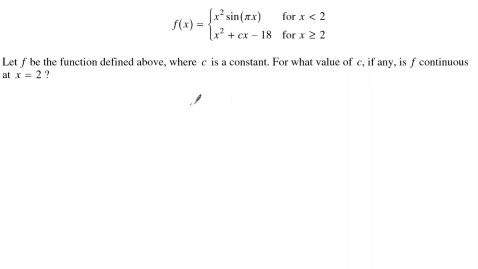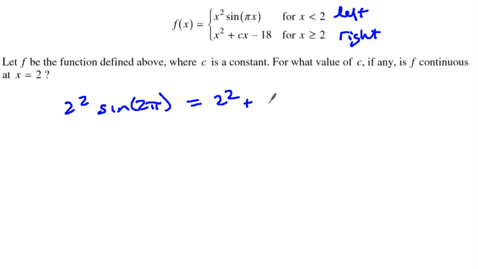Let's go through one more problem. We have a piecewise function with two functions: x less than 2, where we're coming from the left side approaching 2, and x greater than or equal to 2, coming from the right side approaching 2. So let's plug 2 in. We have 2 squared sine of 2 pi, and we set that equal to 2 squared plus c, my constant, times 2, minus 18.